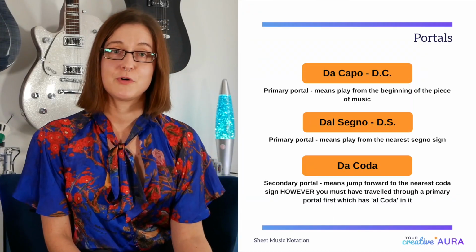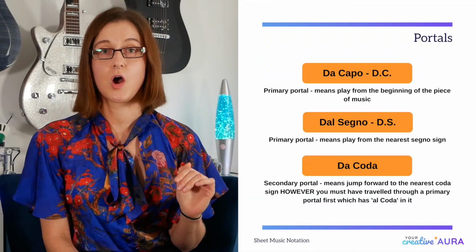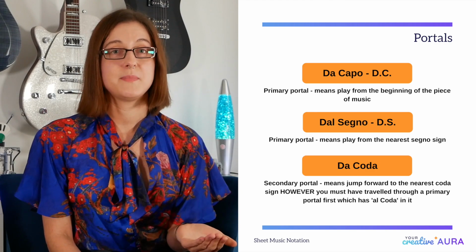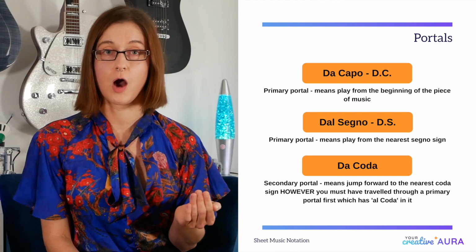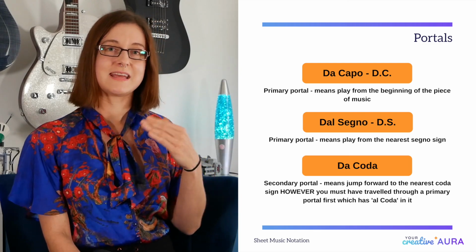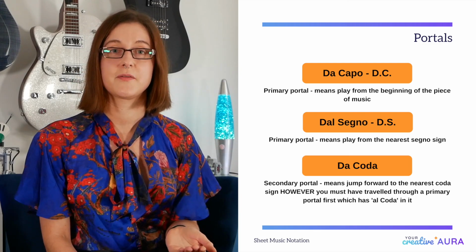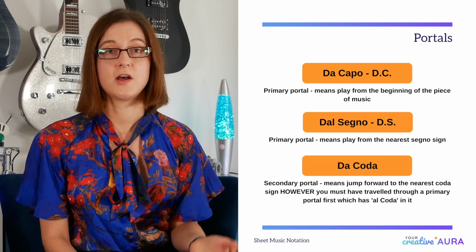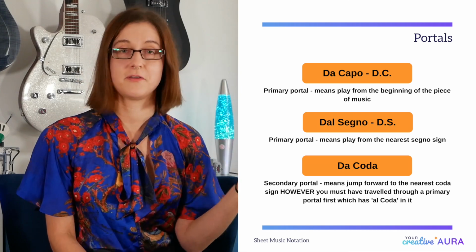The first one is da capo, which is labelled as DC on sheet music, and what that means is from the top, and it is a primary portal. By using DC on sheet music, you're telling the performer to repeat the music from the very beginning.